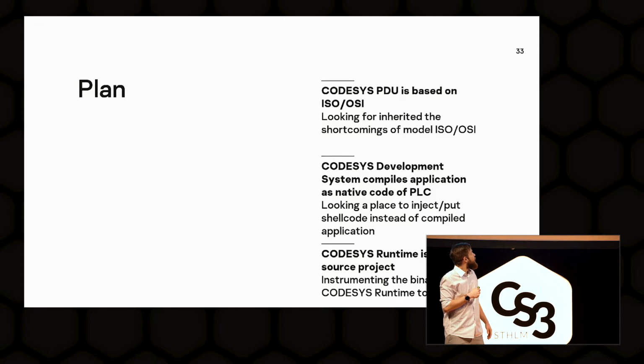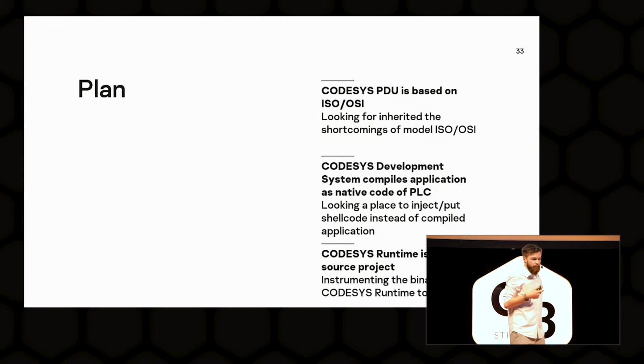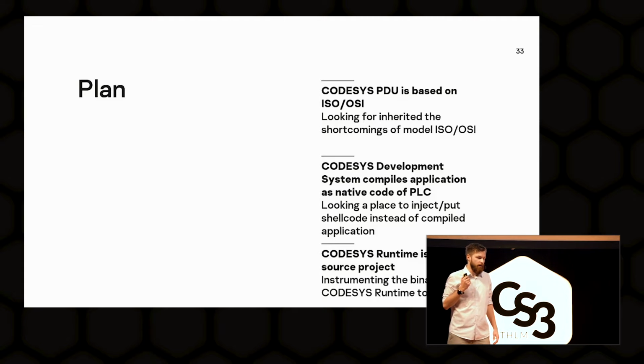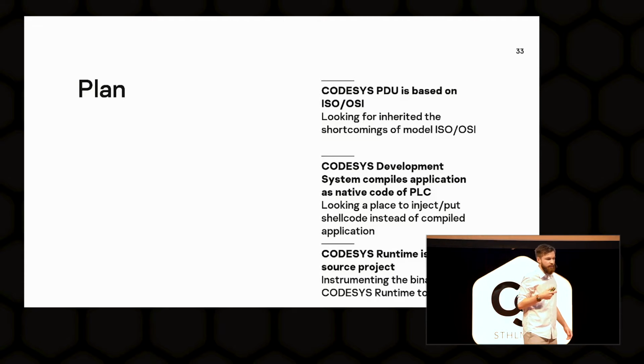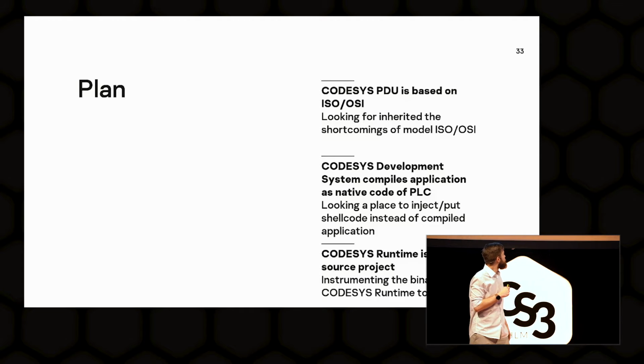First, we know that the CODESYS PDU protocol is based on the ICOC model, and we can presume that it also inherited the shortcomings of the ICOC model. This is our first way to find vulnerabilities in the CODESYS PDU protocol.